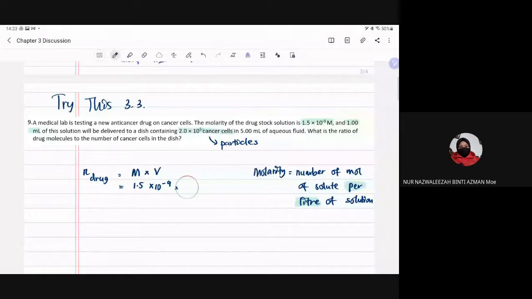To change ml to liter is easy, you divide by 1000, or multiply by 10 to the negative 3. So 1.5 E negative 9 multiplied by 1 over 1000, divided by 1000. You will get the number of mole as 1.5 times 10 to the minus 12 mole.